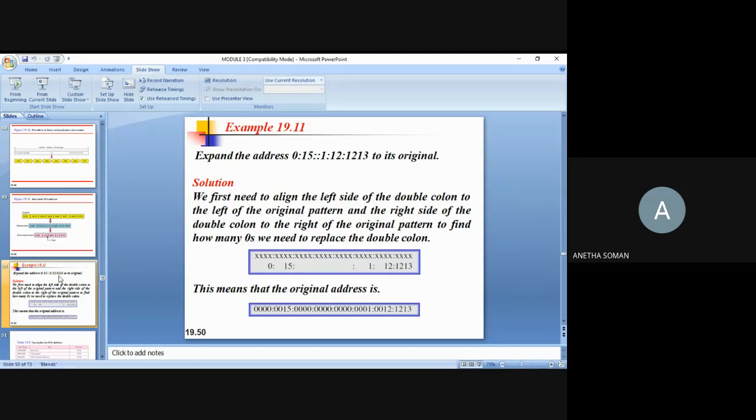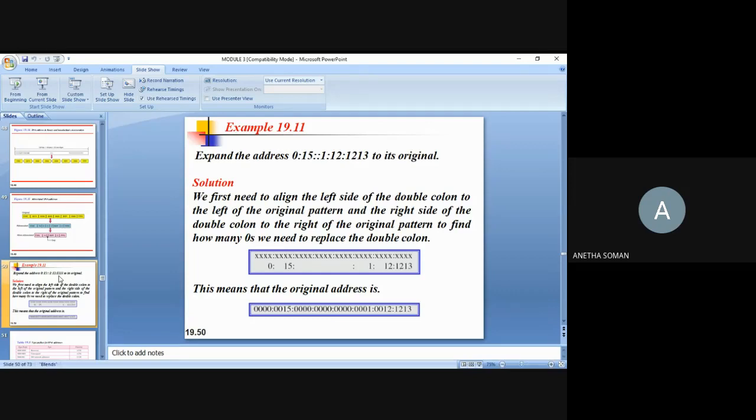First, don't read the things, you will get confused. Understand that you have 32 hex digits. So put 32 X's, and put a colon after each 4 hex digits. I have told you IPv6 has 32 hex digits, so after every 4 hex digits you put a colon. Now replace the X with the corresponding value given in the question.